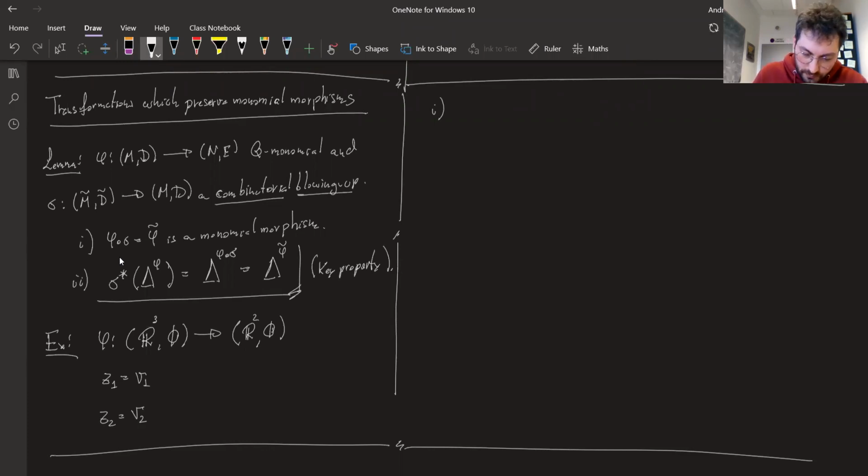This is spanned by the variable W. It's just one vector field, right? It's from R3 to R2, so it's a line foliation given by W. So now, if we blow up with center C equals V1 and V2, this is not combinatorial.